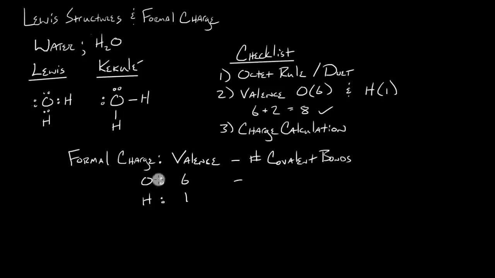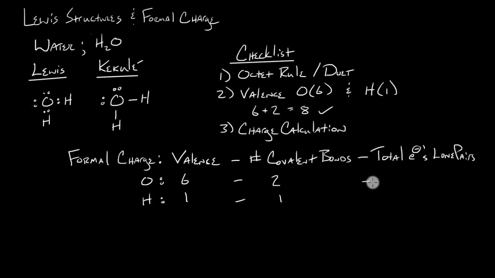So if you think about the oxygen, if you look up here, this oxygen has 2 covalent bonds, so we're going to subtract 2 from that. And for the hydrogen, this one particular hydrogen has 1 covalent bond, so we're going to subtract 1 from that. And then the final step is to subtract the total electrons that act as lone pairs.